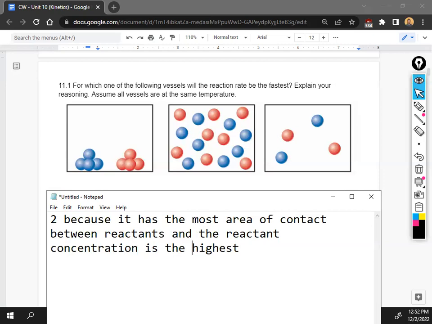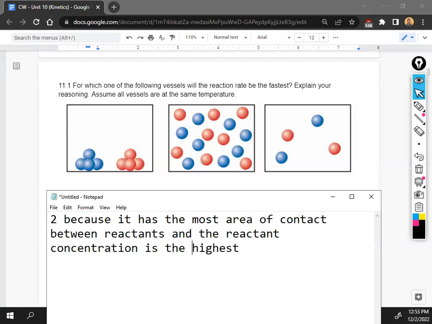Only if the question asks. So if the question says to list them from highest to lowest, then you would have to. But if it asks which one's the highest, just give the highest. You're not going to lose points for doing that, but it's not mandatory to add all that information.